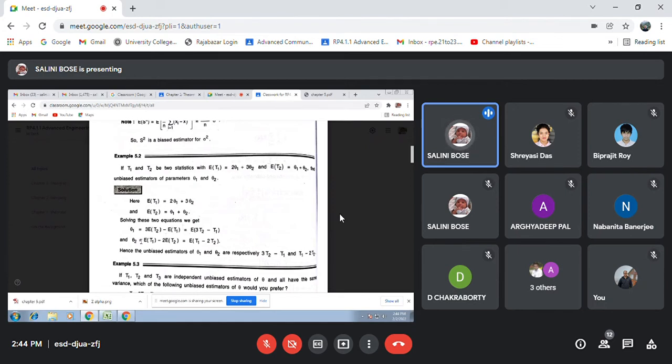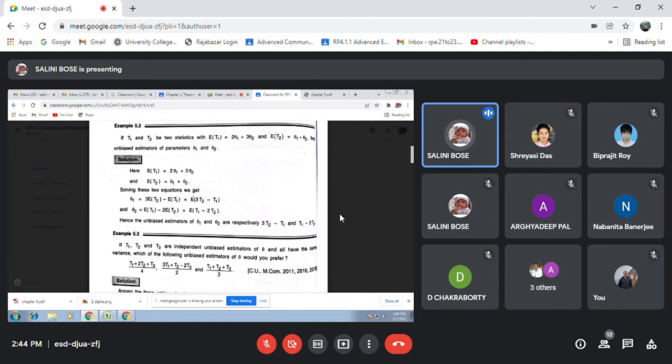And theta 2 will be found out like E of T1 minus 2 E of T2. That can be written as E of T1 minus 2T2. So again, you are following the same form, that is E of T equal to theta.